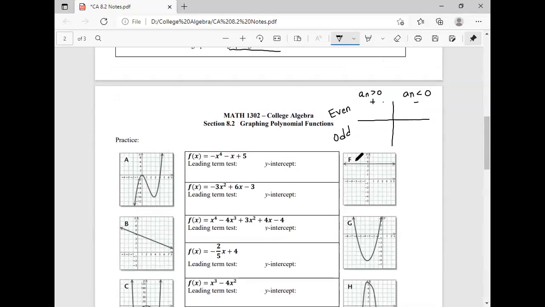So remember the leading term test: if the function is even, that means the highest power exponent is even. And if the leading coefficient is positive, both of your endpoints are going to be pointing up. If the leading term is negative and it's even, both of your endpoints are going to be pointing down.